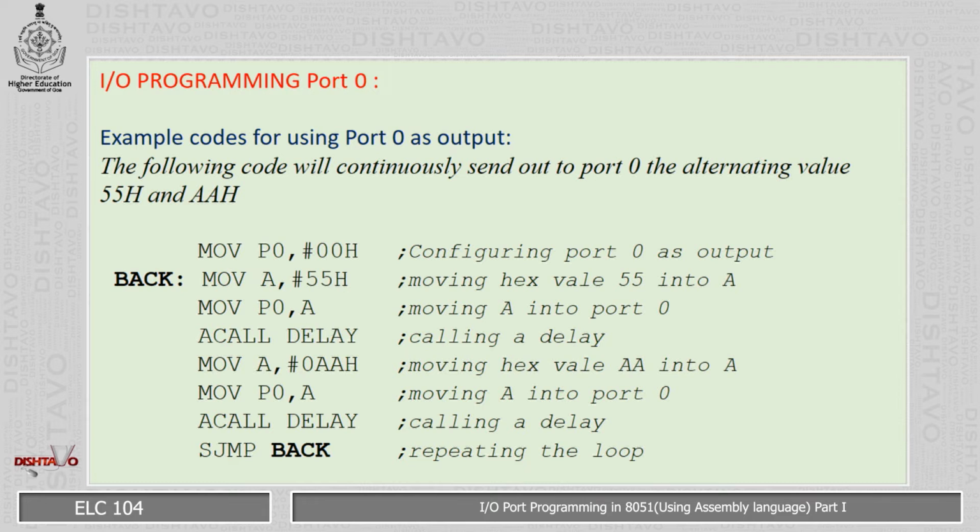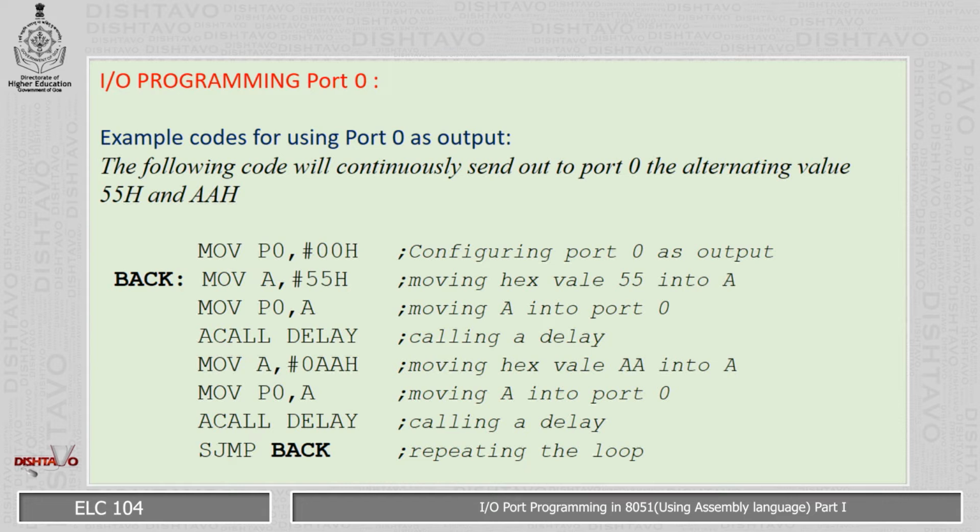Then I will call a delay. There is something called absolute call; I will talk about it when we go to the delay part. After a particular delay, after particular waiting, I will transfer the AA data into the port. I will do it in the same manner as for the first part, that is 55. So we are going to put AA into A, that is the accumulator.